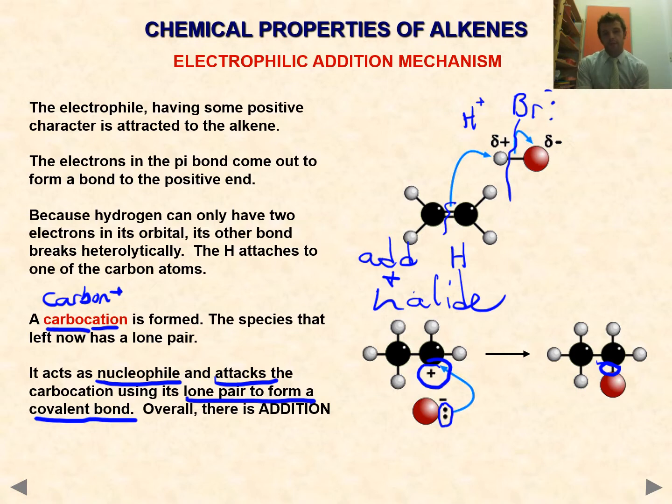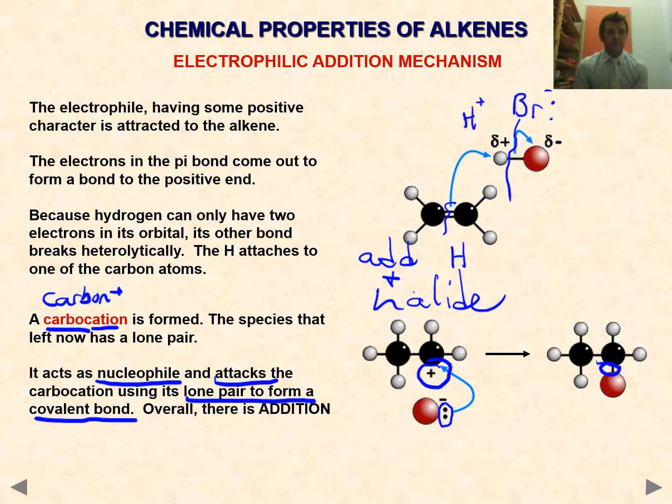In fact, what ends up happening is when this bond splits right here, and you end up with this H plus and Br minus, the lone pair from that Br minus, we can see it right here, serves to create a bond with the carbocation. And then we can see that bond happening right in this area. We actually call it nucleophilic attack.